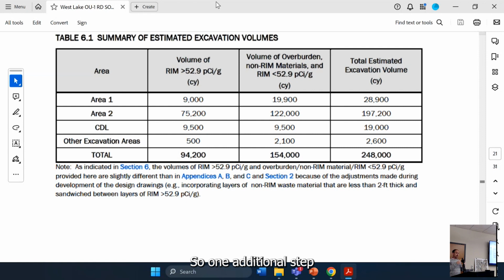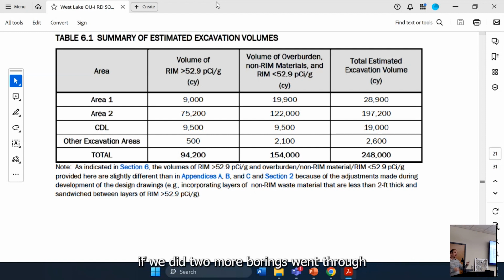So one additional step that we did take during this design investigation was to do a couple more borings near where we could tell the most likely stormwater drainage path was, and down into that first shelf of the quarry.